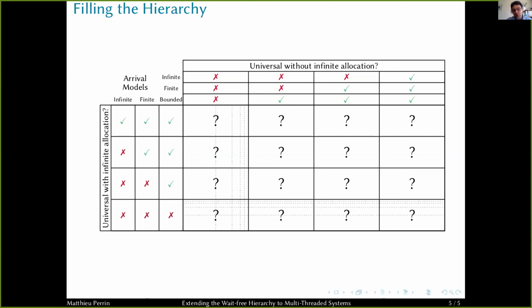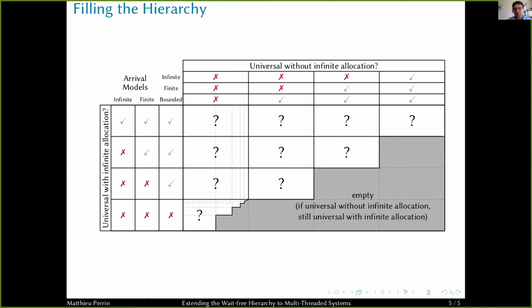We then explore for each new category whether there exists an object or not in this category. So for example, the rightmost and bottommost triangle only contains empty categories, because if an algorithm does not require infinite memory allocation, then it still works when this is available.